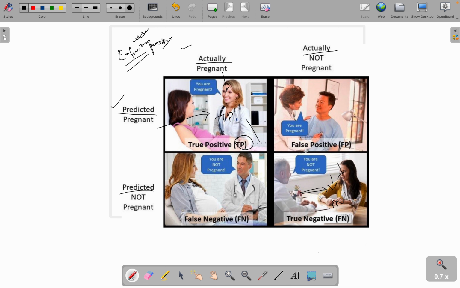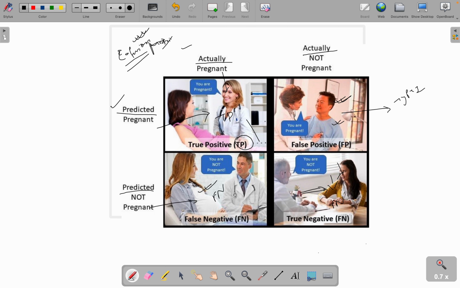Now the error states are when this guy is actually not pregnant but my model is saying that he is pregnant. So this is called a type 1 error, false positive. And actually this lady is pregnant but my model is saying she is not pregnant.